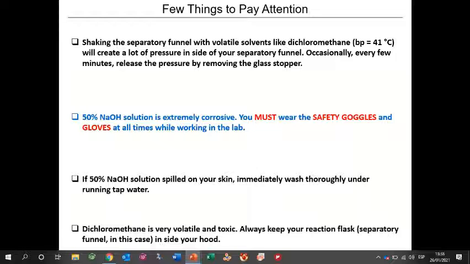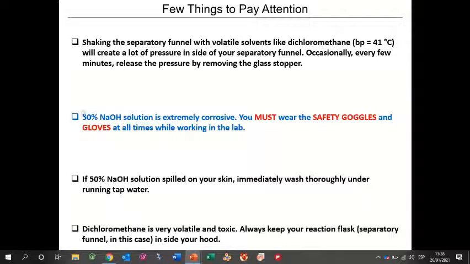It means that you need to release that pressure by removing the glass stopper. This is very important. I would say around every 2 minutes you must remove the stopper in order to release the gas.